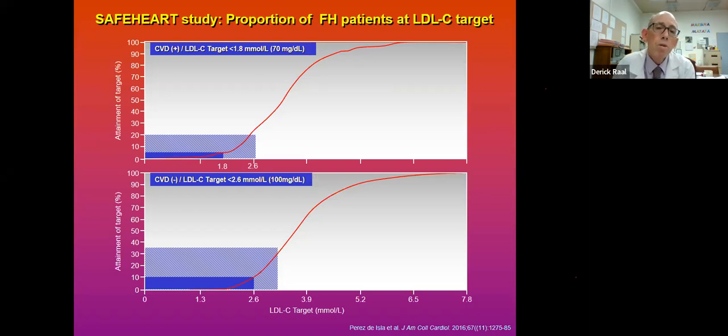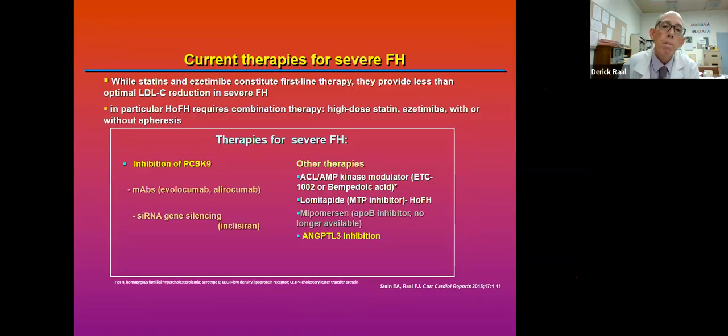And this is the problem with many of our patients with familial hypercholesterolemia. Despite high-intensity statin and ezetimibe, we can get very few to the currently recommended targets, the 1.8 or 2.5 millimoles per liter. Less than 10% of our patients can get to these targets.